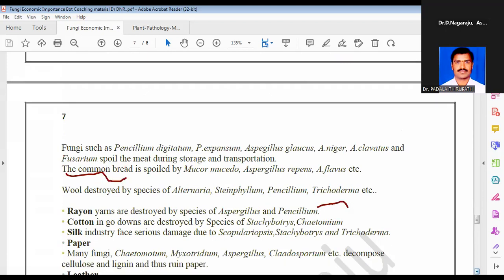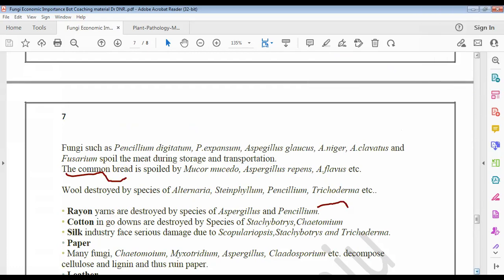Okay, and wool is also spoiled by Alternaria, Penicillium. Rayon cloths, wool cloths, leather cloths also get spoiled by Aspergillus and Penicillium. For leather dresses, leather shoes, leather products preparation, we use the fungi, but immediately we have to kill that fungi after preparation.